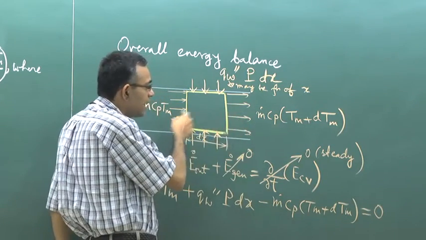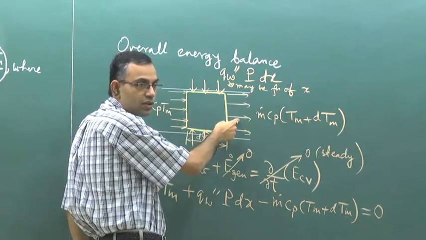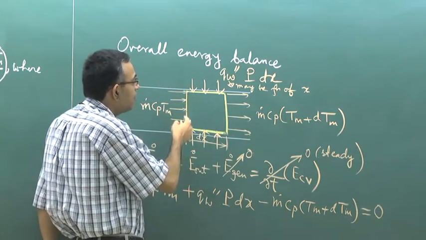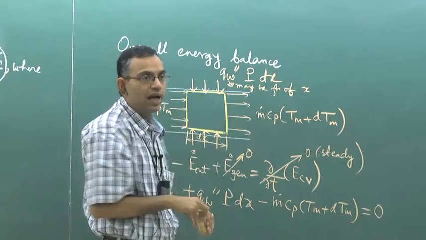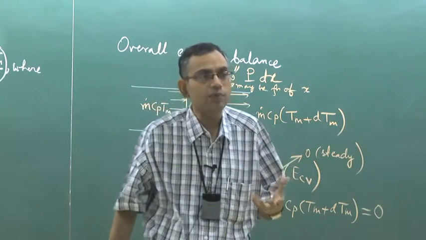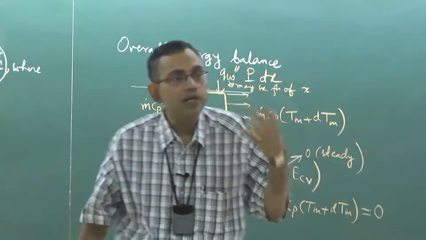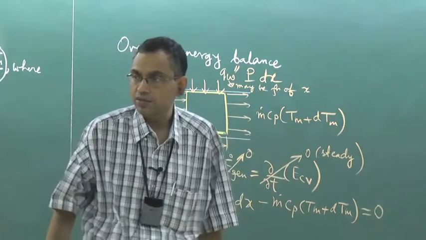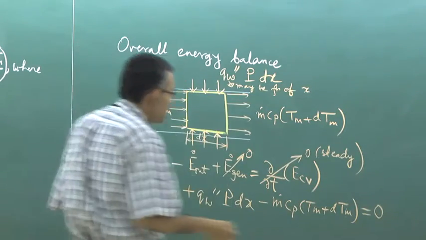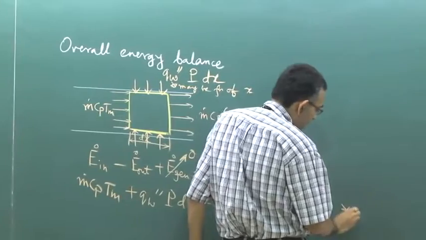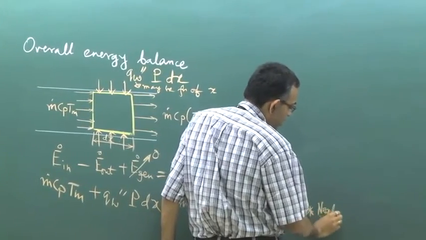So we had not taken any axial conduction, and that is valid in many practical problems where advection is much more dominating than axial conduction. So this is valid, very importantly, neglecting axial conduction.